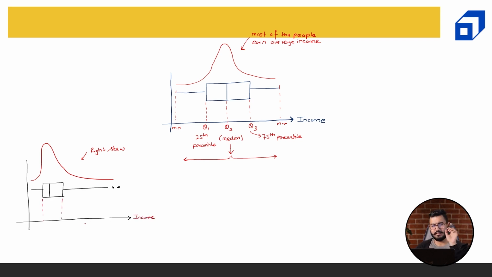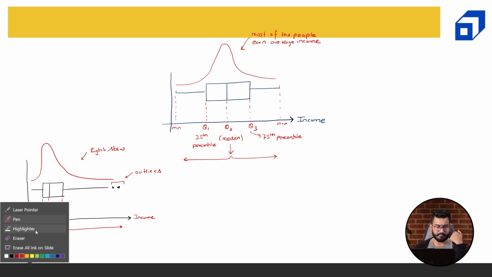So if I consider this x-axis to be income, most of the customers are earning low income, while these 2 points are nothing but your outliers. So a box plot can essentially help you to identify the outliers, and this is my median. Below this point I'm having 50% customers, and above this point I'm having 50% customers, but this box represents that most of the customers are on the lower side, where the box has been shifted towards the lower side of my x-axis.